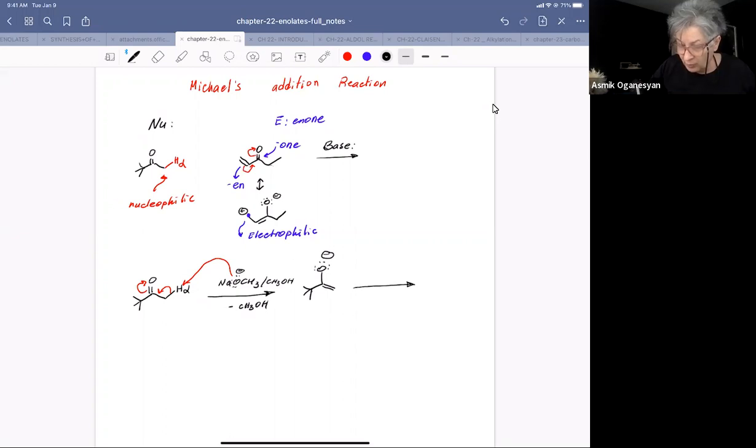And then it's going to bounce back the electron density and react with your enone. So when the electron density comes back, we're going to attack this electrophilic carbon. Electrons will move onto the carbonyl oxygen, and the intermediate here will look like this.